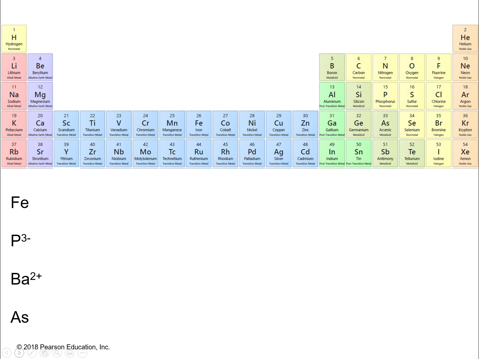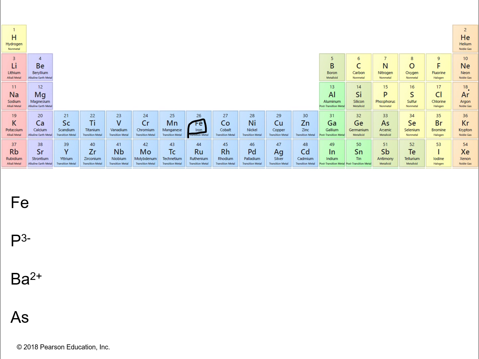Okay. So I've got all of our atoms and ions listed below, and I'll do each one in a different color. We're writing the noble gas configuration this time. So we're looking at iron. What noble gas are we going to use for our configuration here? Right. We are in period 1, 2, 3, 4.